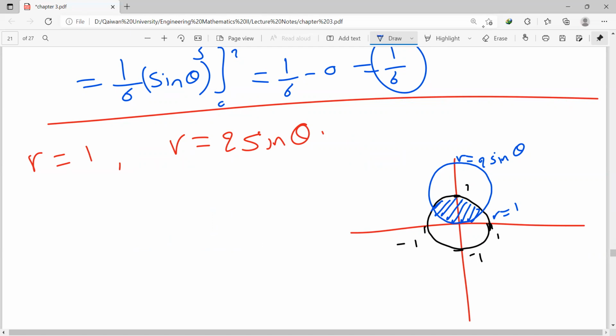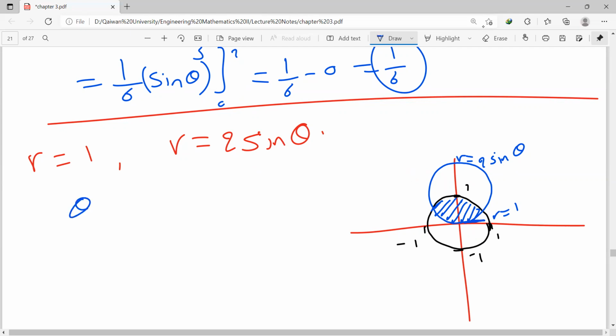The angle is from 0 to pi. It's starting from this line to that line. That means our angle is from 0 to pi.